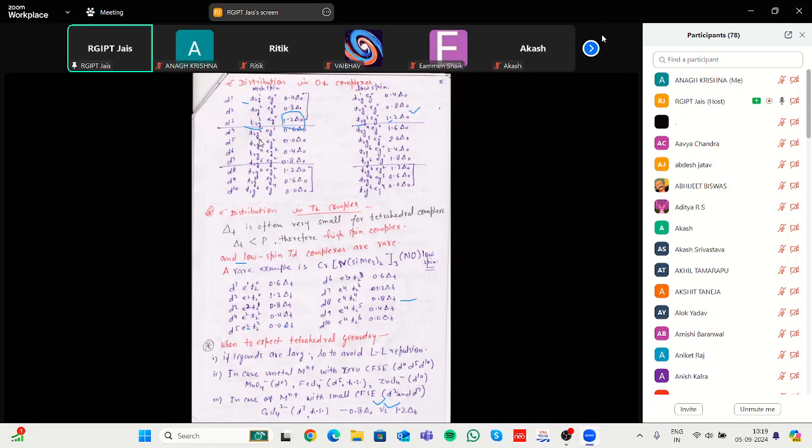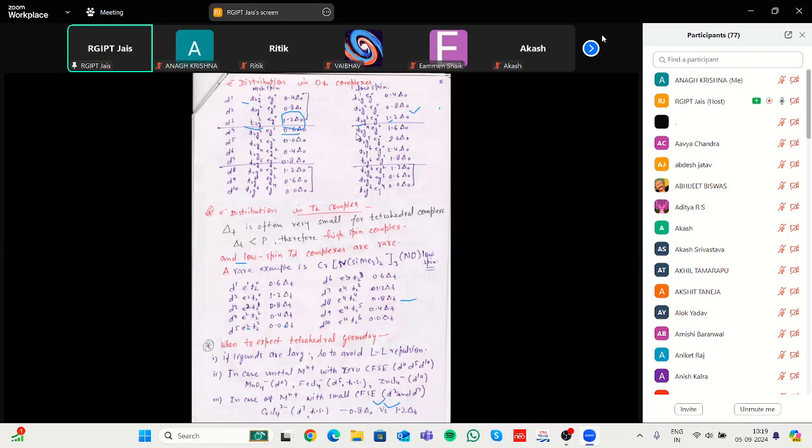Either it goes into T2G3 and then EG1, minus 0.4 into 3 plus 0.6 into 1 del O, that is total 0.6 del O.